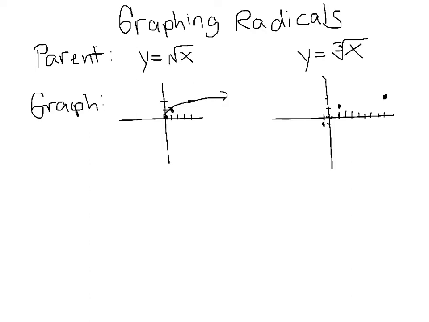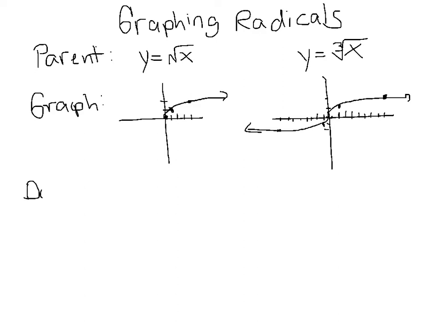The cube root of negative 1 is negative 1, so we also have the points (negative 1, negative 1) and (negative 8, negative 2). So our cube root function looks like this. It has a turning point at the origin. So those are our functions.